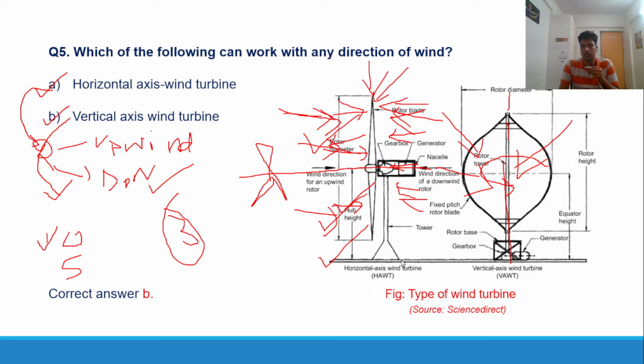But these wind turbines are noisier in operation, while this type has very low noise. So that's why vertical axis wind turbines are getting more attention now, so that more power can be produced from here with much quieter operation.